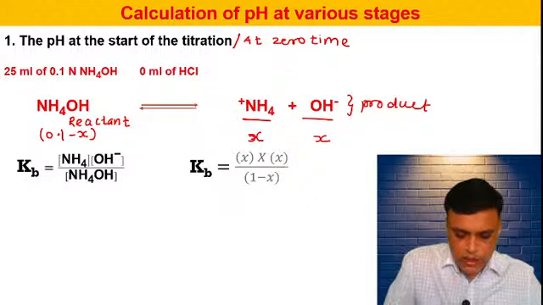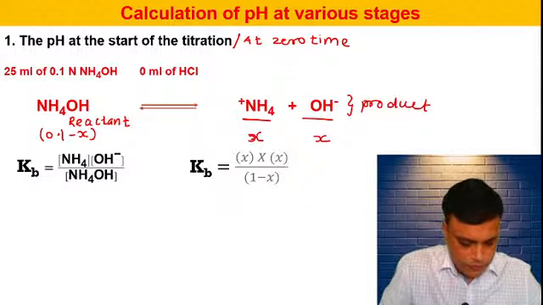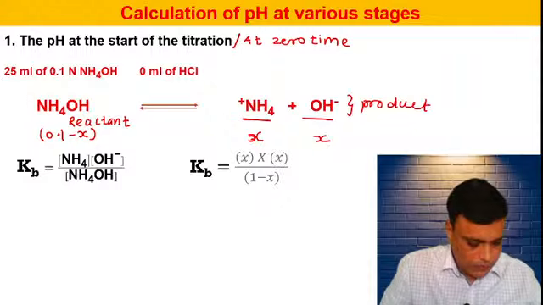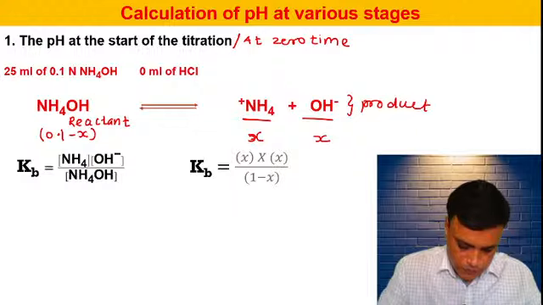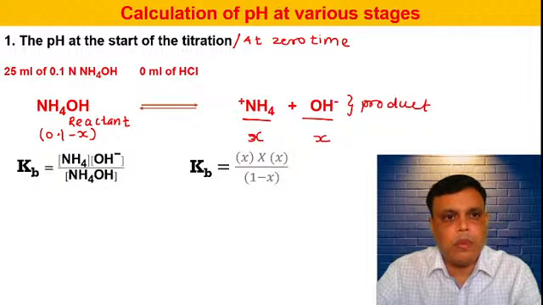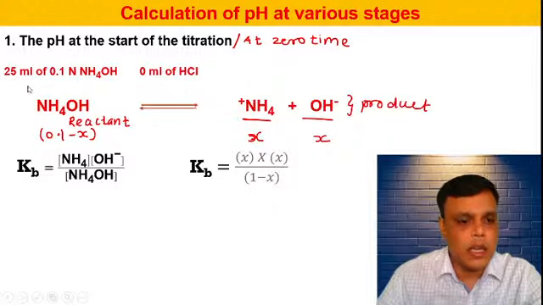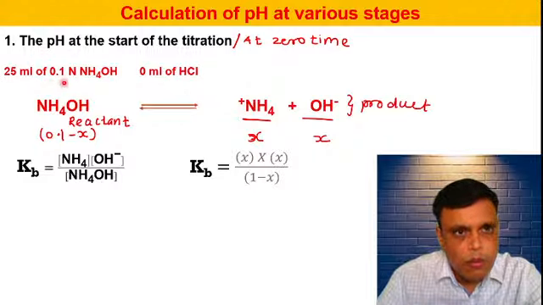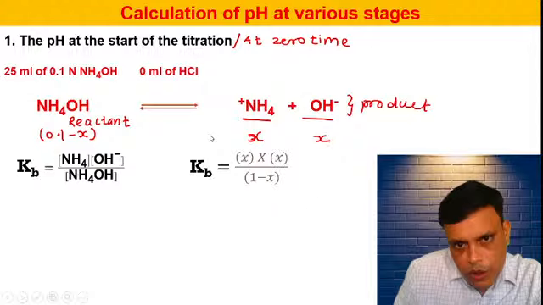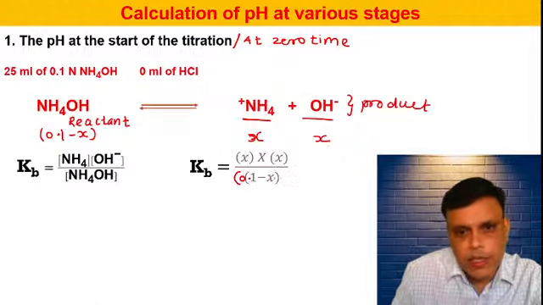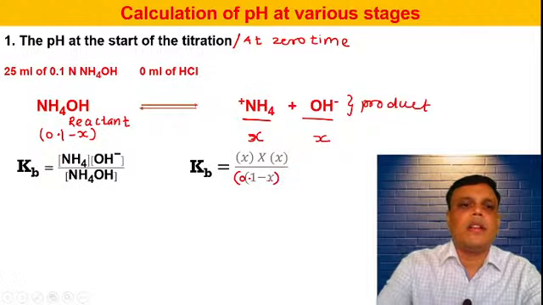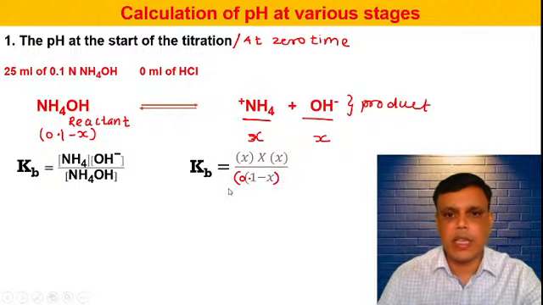Just give me 1 minute. Correct, the 0.1 is correct, because we have taken 0.1 normal ammonium hydroxide. So here 0.1 is there. So this is your dissociation constant Kb.